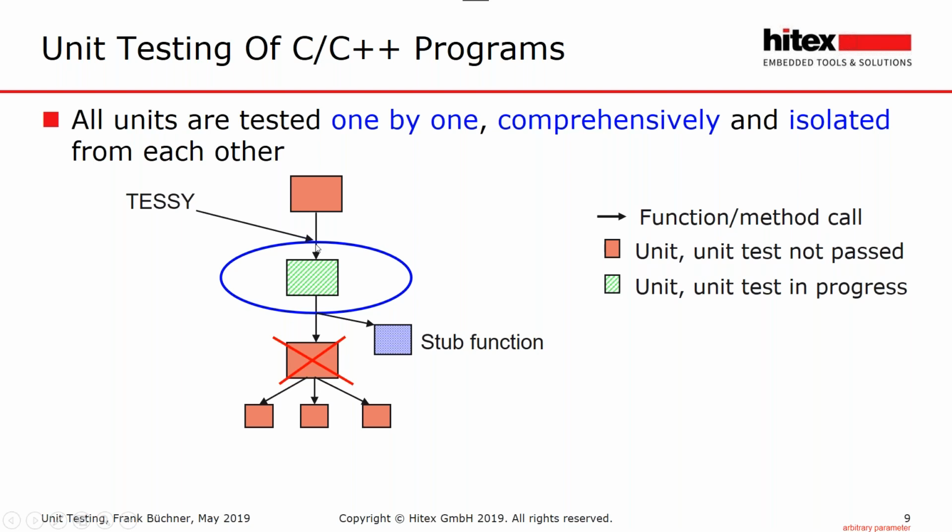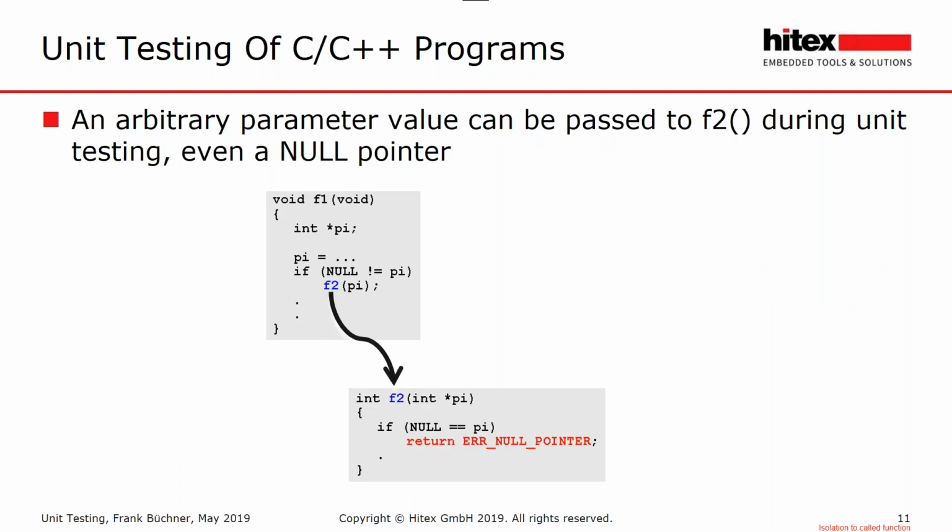The isolation to the calling unit gives you the possibility to work with arbitrary parameters. Look at this situation here where we have two functions, and function f2 is called from function f1, but only if the parameter which is passed from f1 to f2 is not a null pointer.